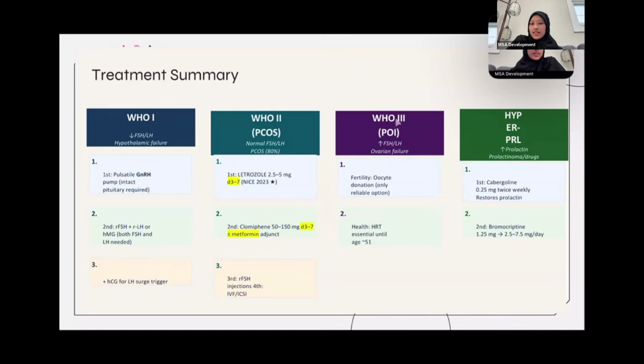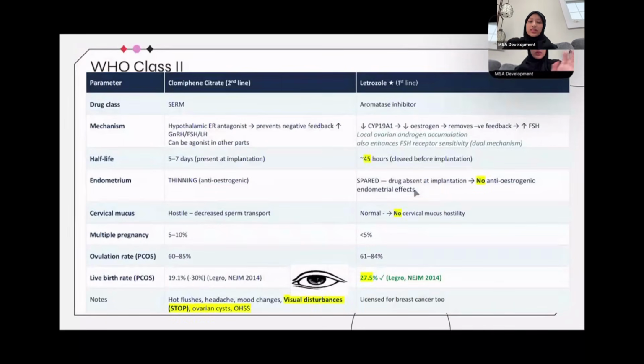Okay. WHO class 3, where the ovaries are failing, you cannot do anything. You can do either IVF or give hormone replacement therapy to make sure that they are at least benefiting from the good effects of estrogen. Hyperprolactinemia, you give dopamine agonists. Okay, no need to memorize the doses at all.